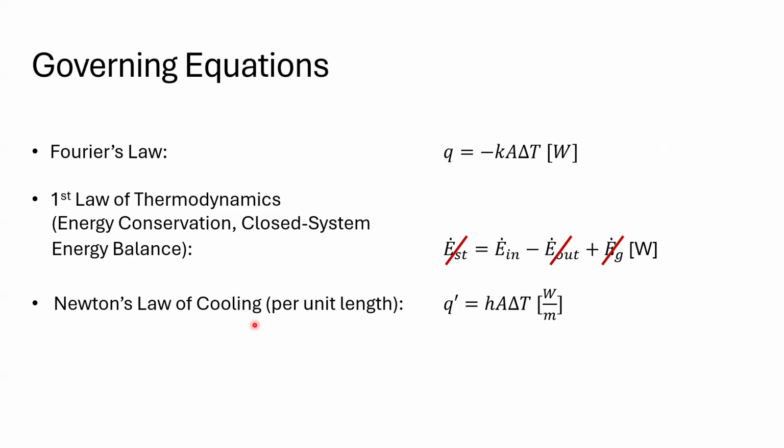I won't go into those derivations in detail, but we will discuss those nodes a little bit later. And then for the second part of the question, we'll be using Newton's law of cooling to solve for the heat transfer rate per unit length between the bar and the fluid.